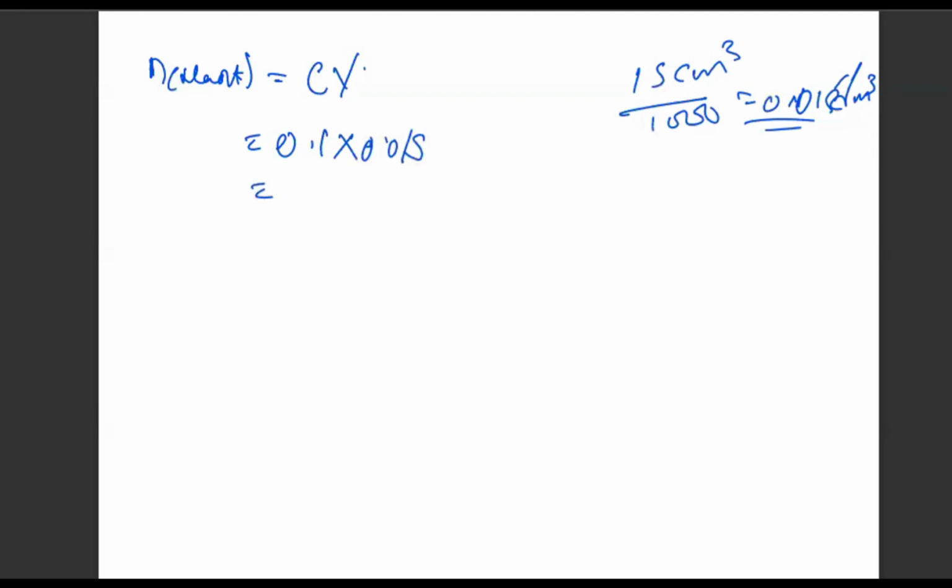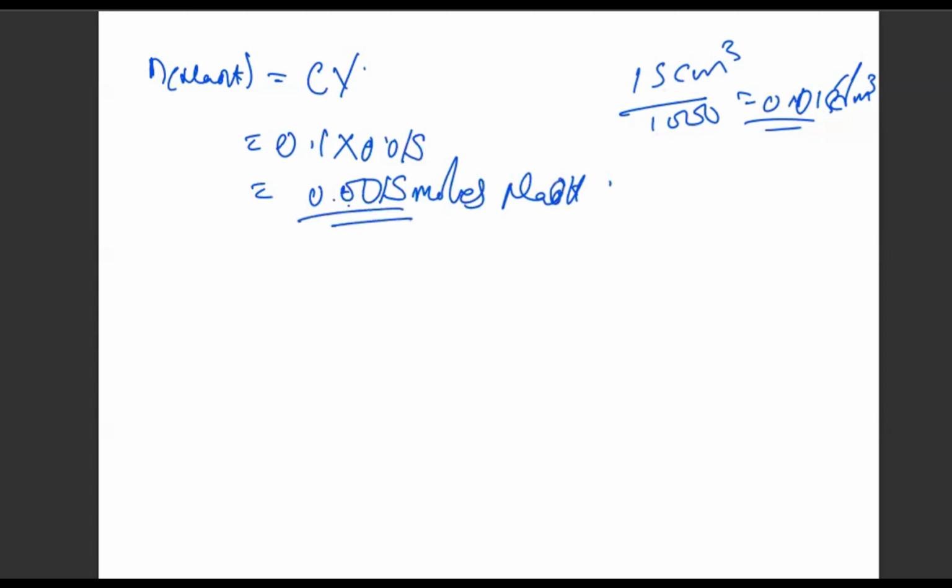The answer I get here will be 0.0015. What is this? These are the number of moles of sodium hydroxide.